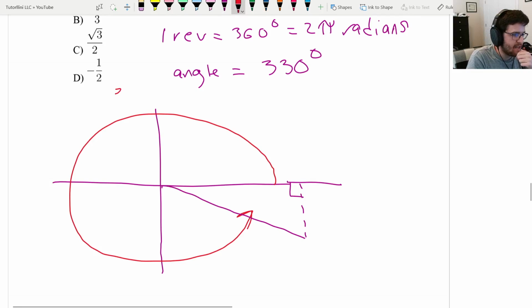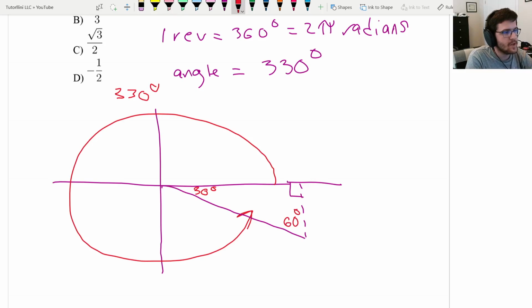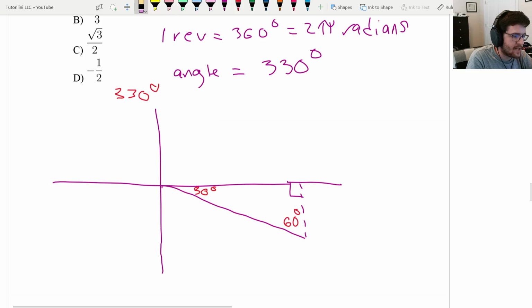If this is 330, and this whole thing is 360, that means our reference angle, 360 minus 330, is 30 degrees. So this one is 30 degrees, and 90 minus 30 is 60, so this one is 60 degrees. I can erase that.